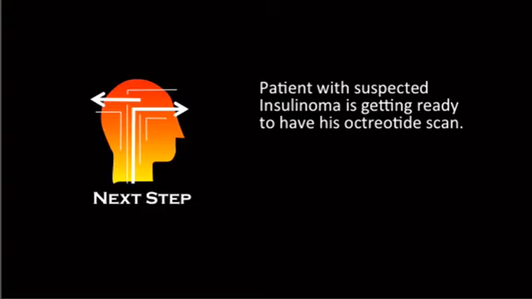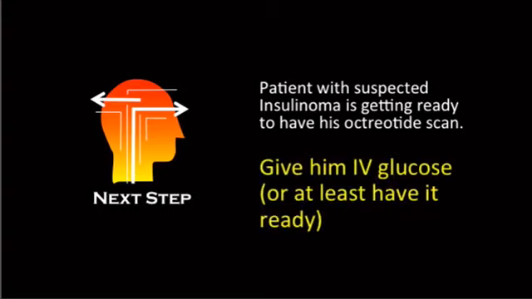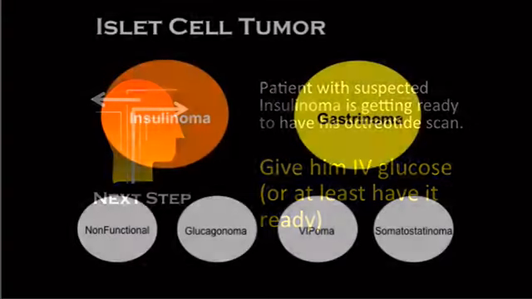Although the agent's not expected to exert clinically significant effects, it could potentially produce a hypoglycemia, and because of that, you're supposed to have IV. Some people tell you to give them IV glucose prior to the exam. Some people will just say have it ready, from the pharmacy prior to doing the test, just in case.